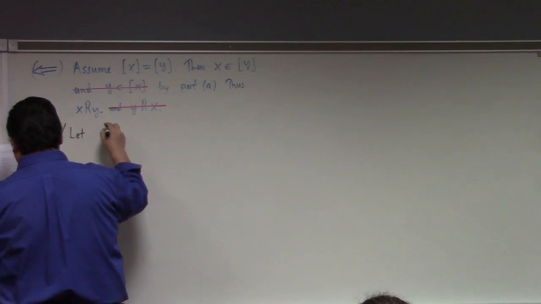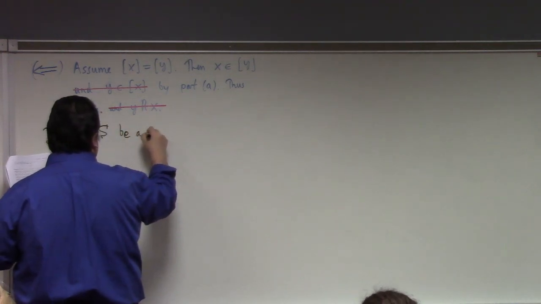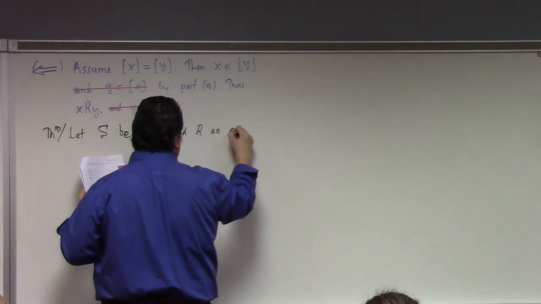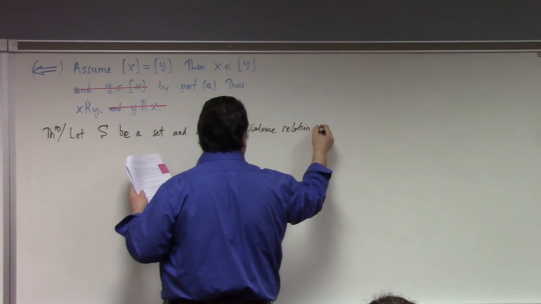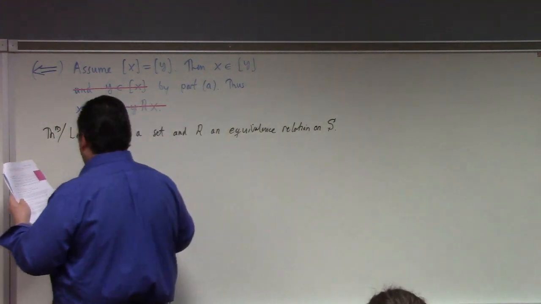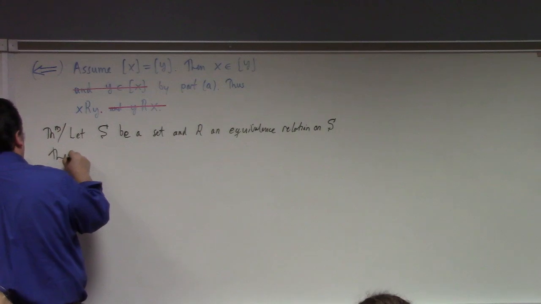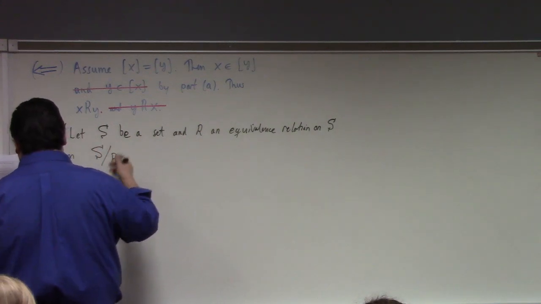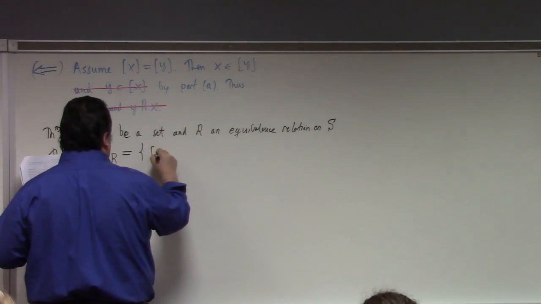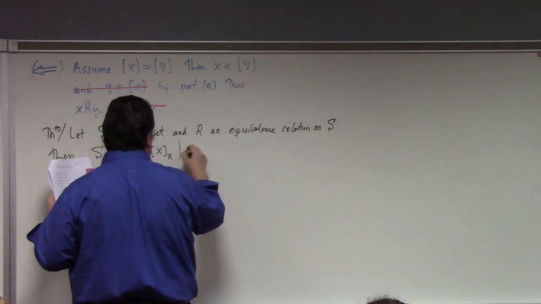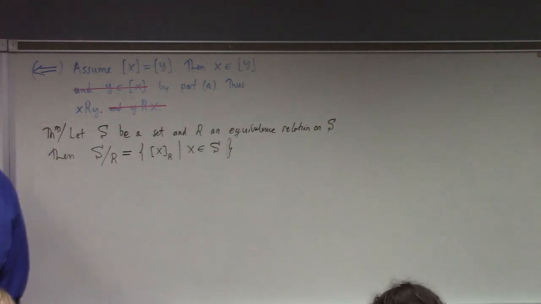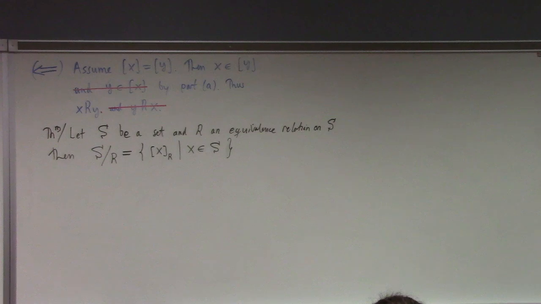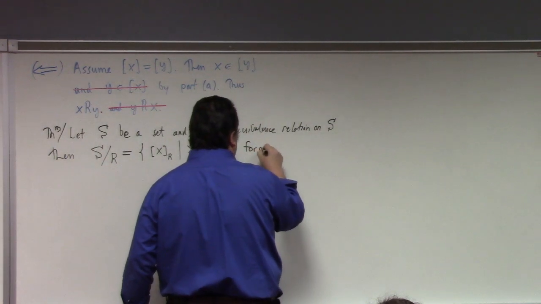Let S be a set and R an equivalence relation on S, then S mod R, or S divided by R, which, by the way, I'll remind you what that is, is the set of R equivalence classes, the set of equivalence classes of R. So this is just the definition. Here's the statement: it forms a partition.